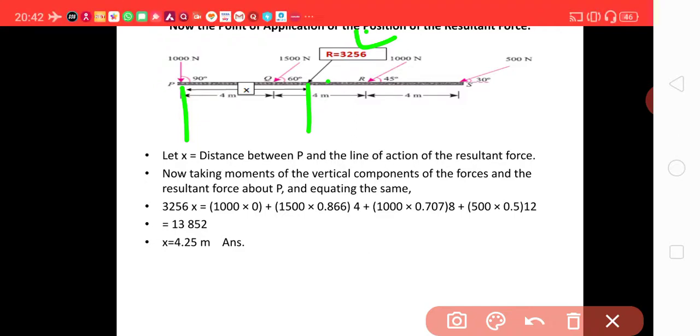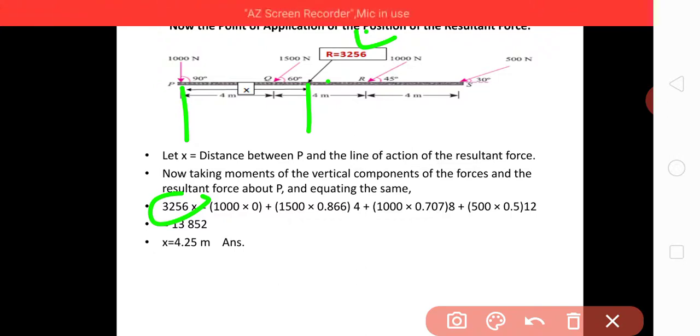And when dividing this by this, that is 13852 divided by 3256, then x comes out to be 4.25. So, this value is 4.25.